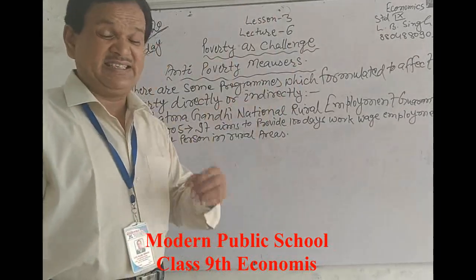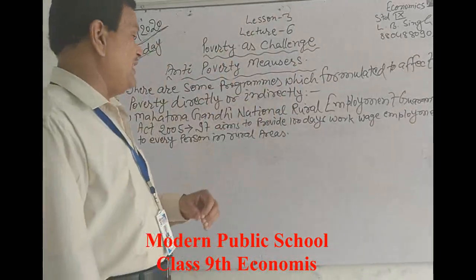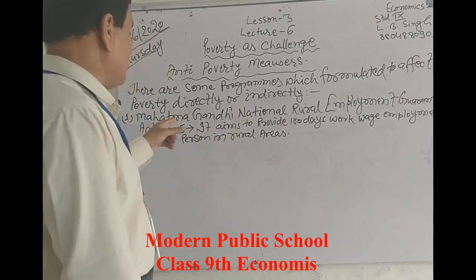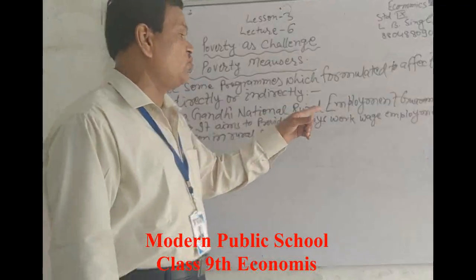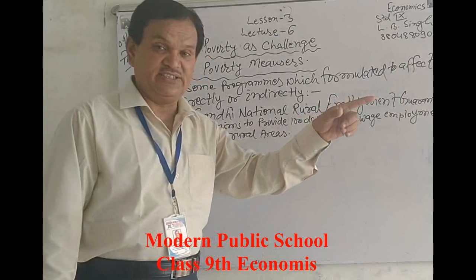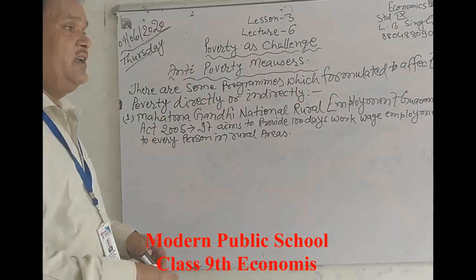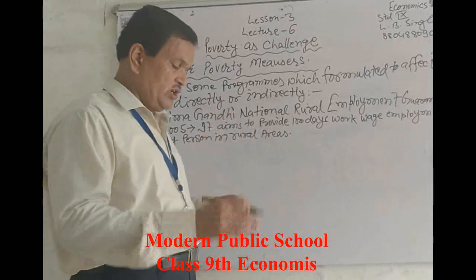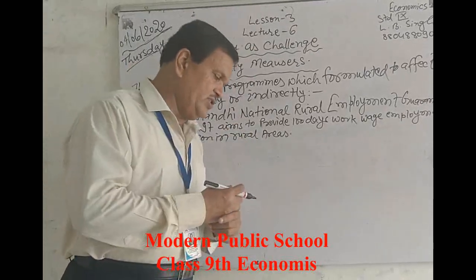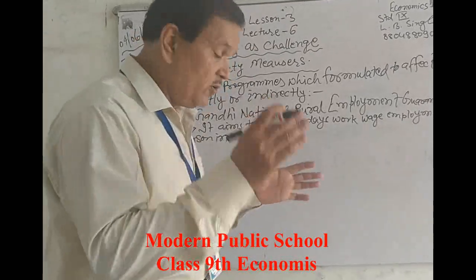A person is getting employment in the rural areas through the Mahatma Gandhi National Rural Employment Guarantee Program. And after that, a lot of programs were started by the government to remove poverty.